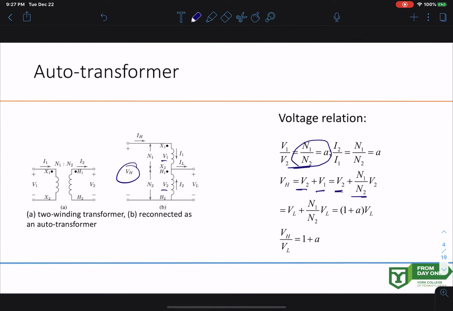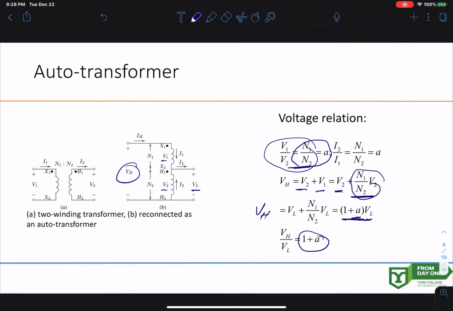So V1 can be written straight using this equation over here. V1 is N1 over N2 times V2. Then N1 over N2 is A, right? And V2 is basically VL over here. So then there will be (1 plus A) VL. So that is your VH, right? So VH over VL is also 1 plus A.